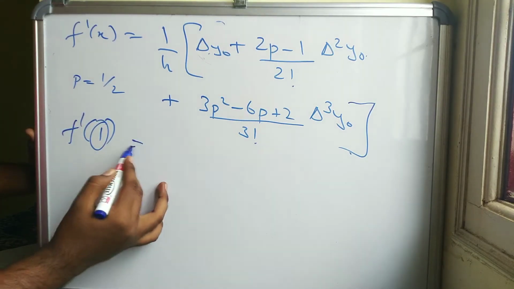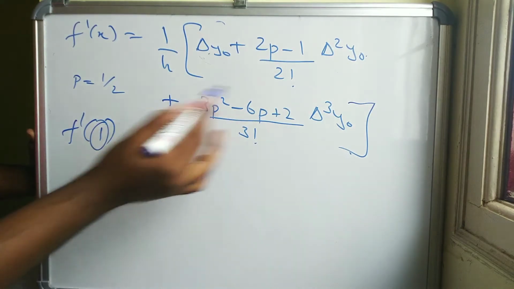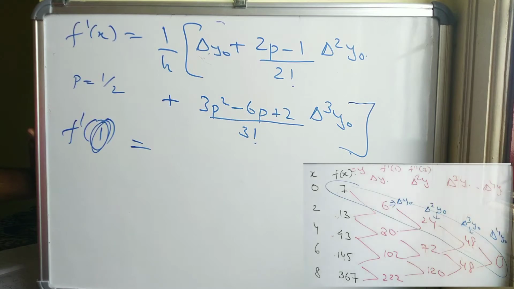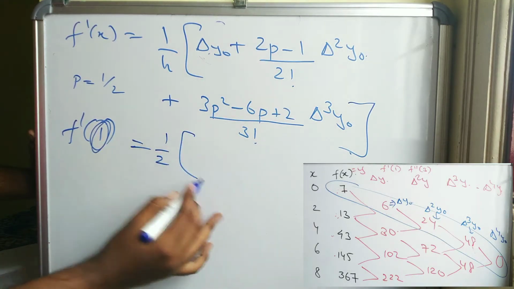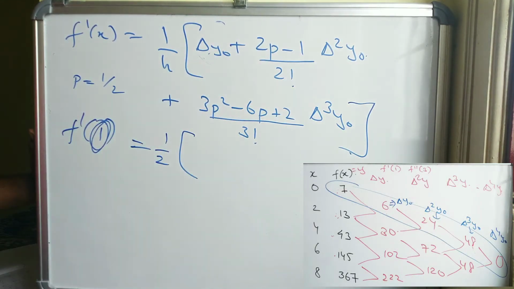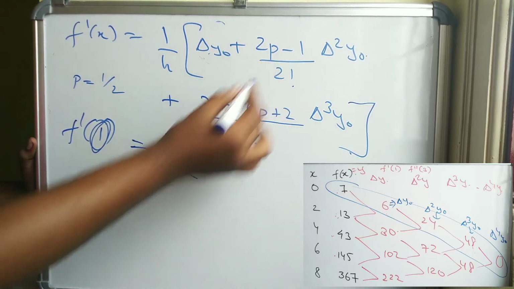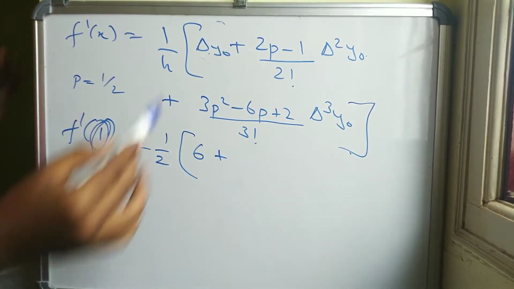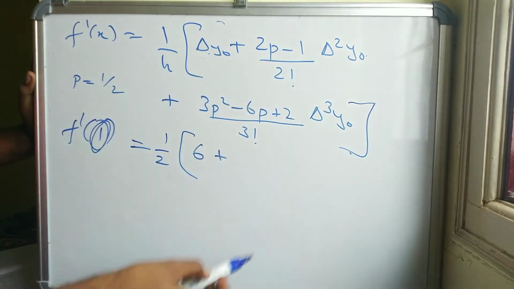So we are substituting p value as 1 by 2. So 1 by 2, h value 2, delta y0 we substitute 6, plus 2p minus 1, where p value is 1 by 2, so this becomes 0.